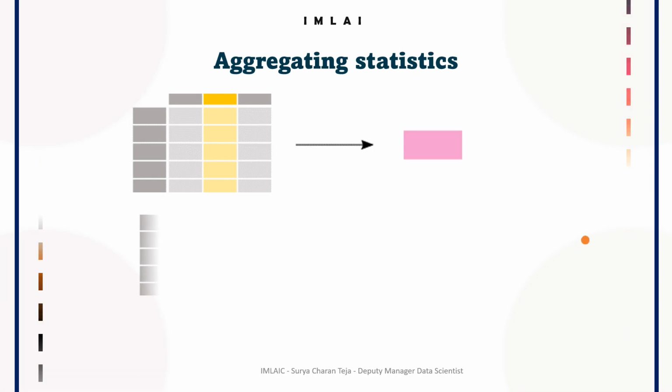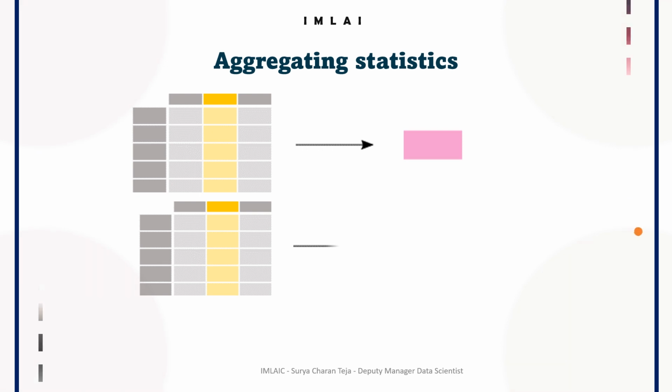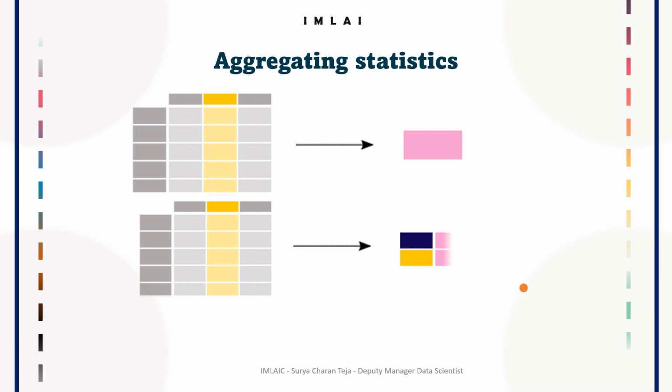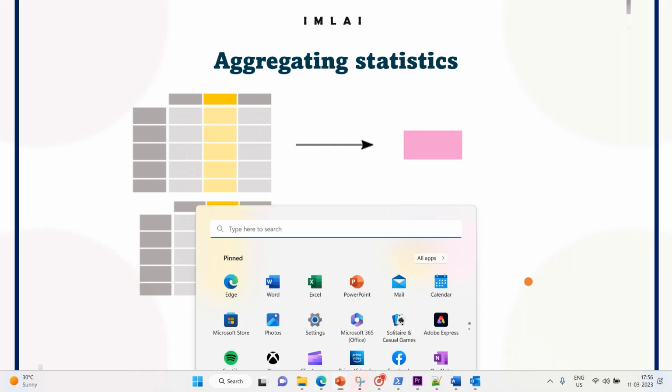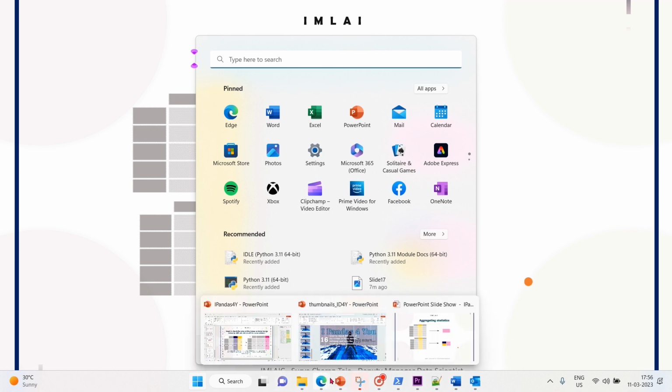So here we have the data frame as usual, and we just want to aggregate based on two series. The aggregation depends upon two series.